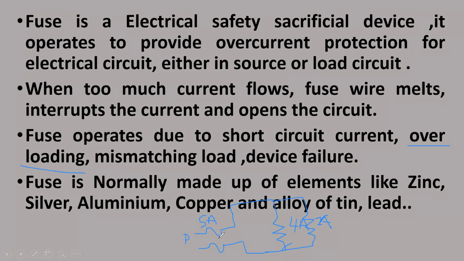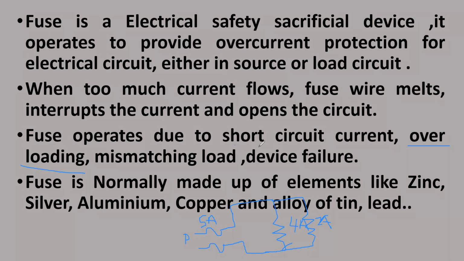It will open the circuit and protect the devices here. So a fuse is very much required to protect costly electrical equipment, as well as to avoid any leakage of current, and it will not give hazards to human beings either. So this is one form of overloading.